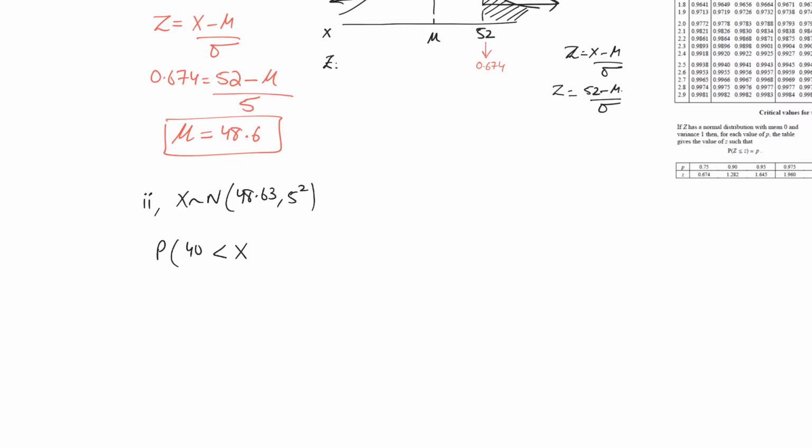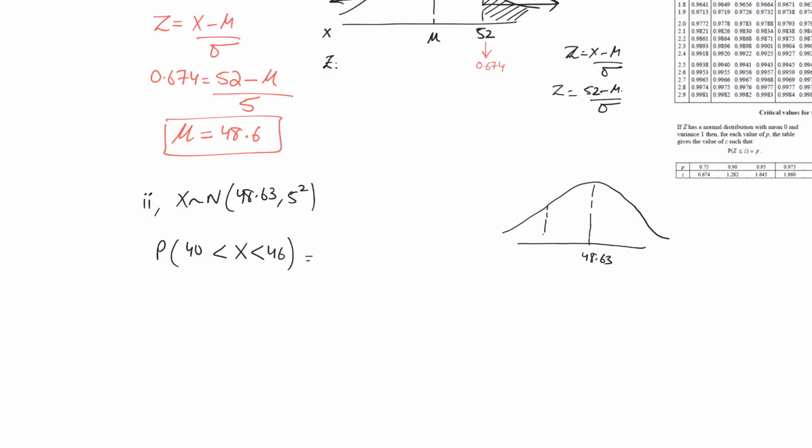You will first find it for 1 day. You want to find the probability that on any particular day his lunch break lasts between 40 and 46. First you will find it for one particular day and then we will find it for the next 4 days. So you go for the same strategy. The mean is 48.63.